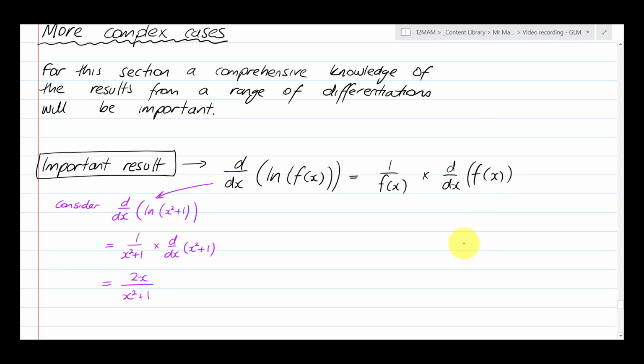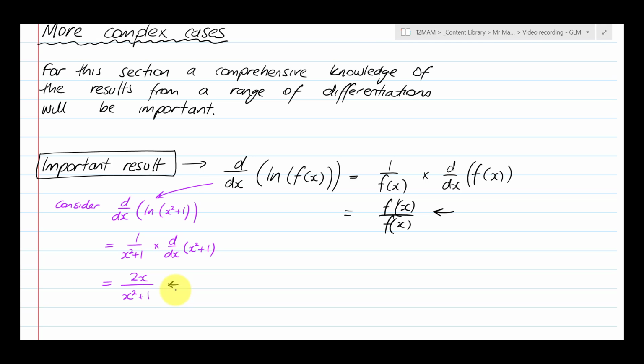We can write this as f dash of x over f of x. This is something to keep an eye out for, and it looks a bit like this in practice. I'll show you some more examples in a minute.